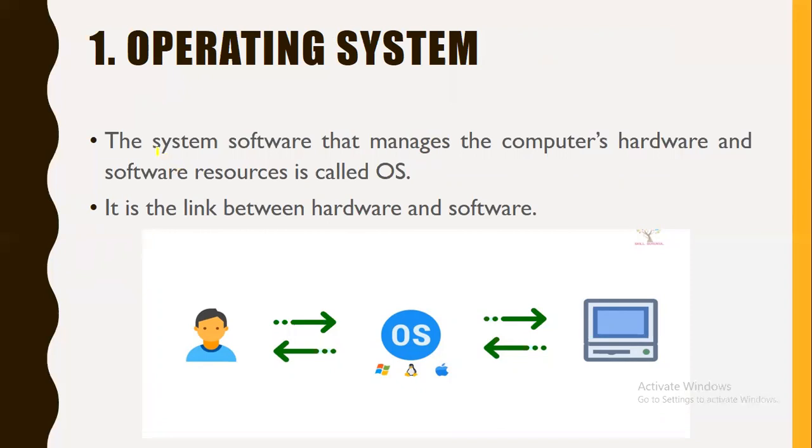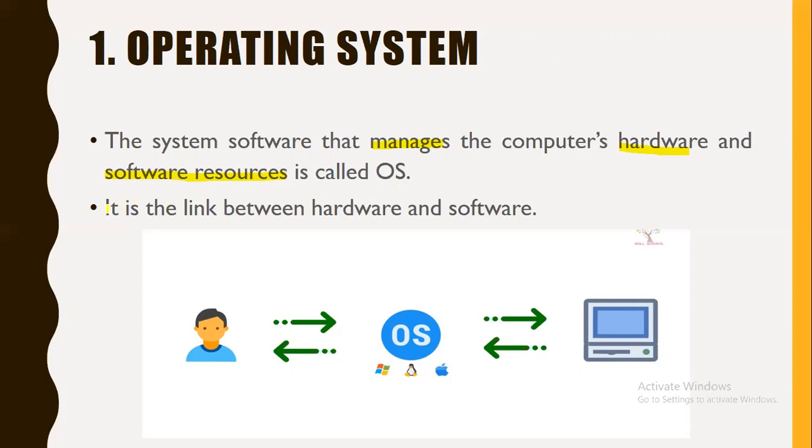So the system software that manages the computer's hardware and software resources is known as operating system. In short, we write it as OS. This O refers to operating and this S refers to the word system.